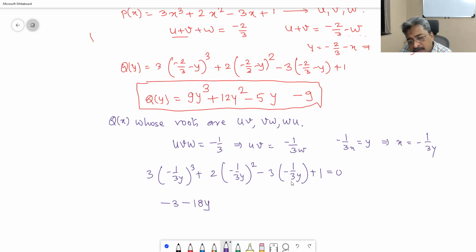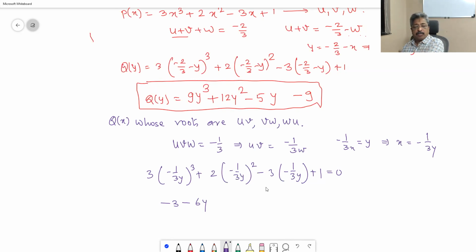Is this correct? Whatever we have done, 27y cube upon 9y square is 3y minus 6y.